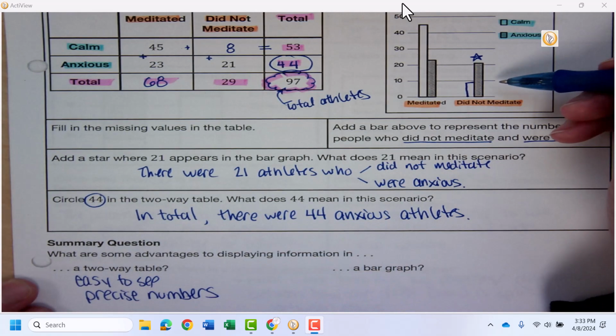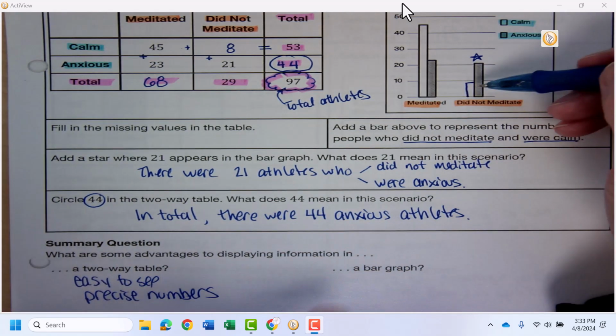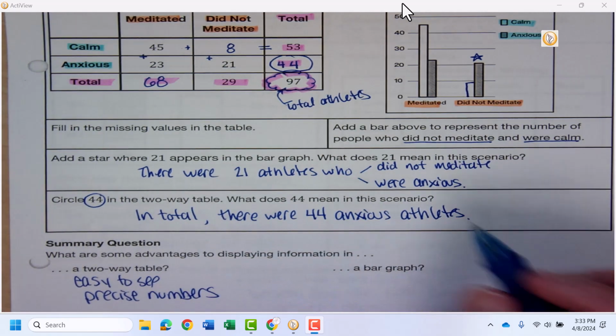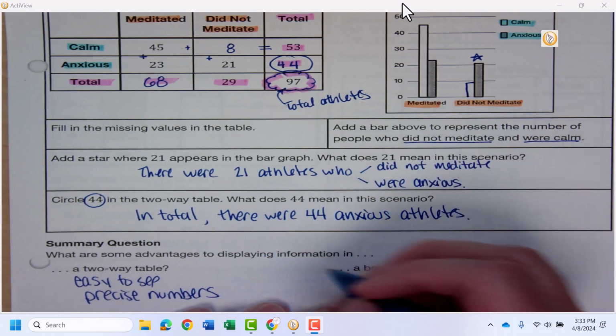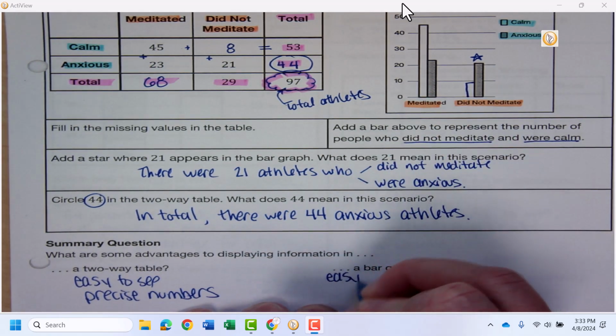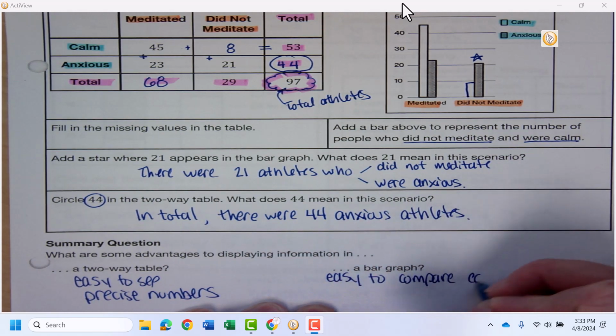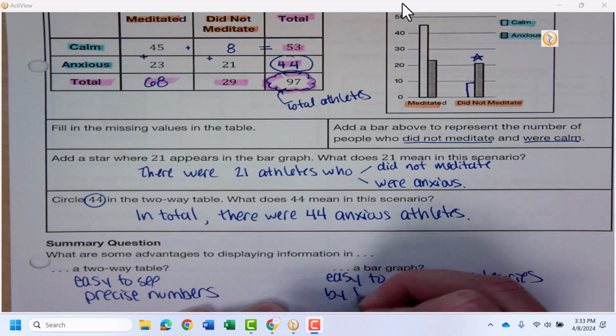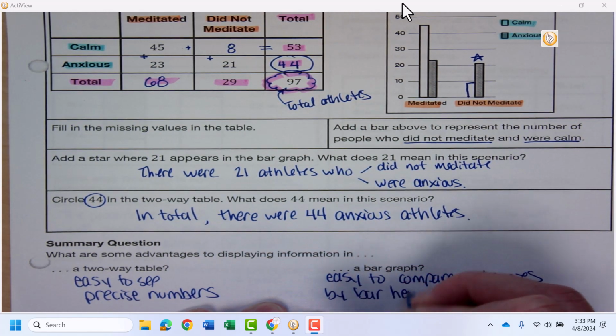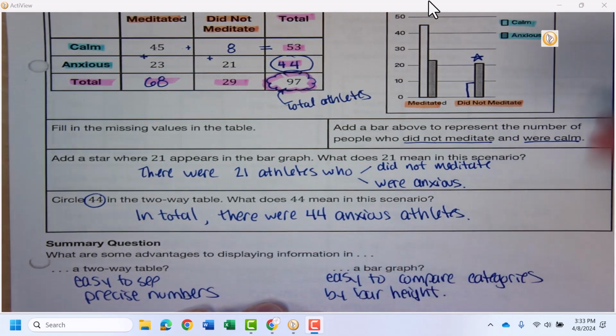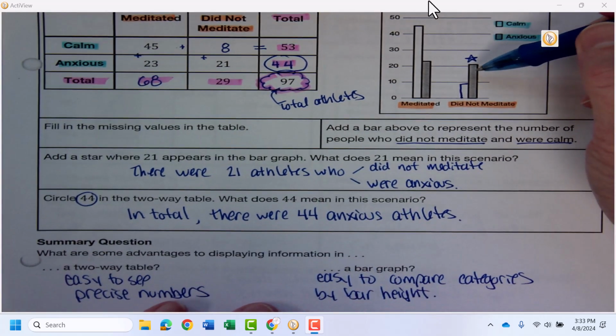On the graph, I would have to estimate that number a little bit. But a bar graph, it's easy to compare categories by the bar height. And that's what we looked at earlier.